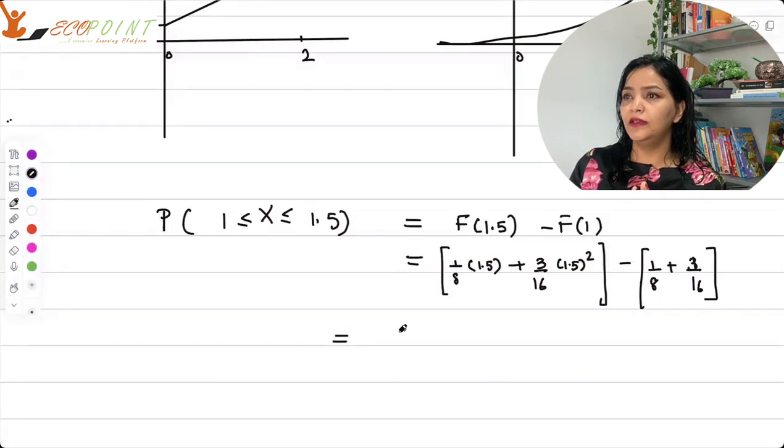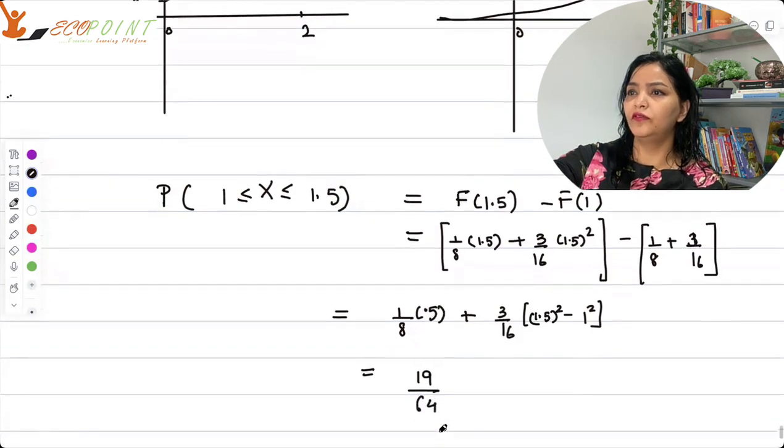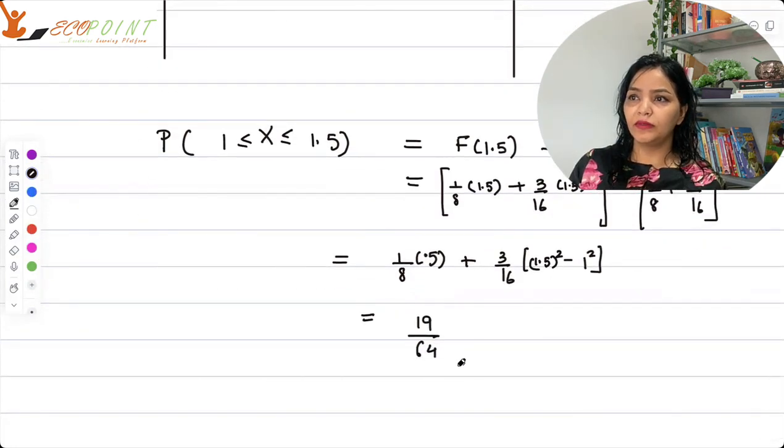So it's going to be 1 by 8 times 0.5 plus 3 by 16 times 1.5 square minus 1 square. It will turn out to be something like 19 upon 64, or if you're using the calculator, it's going to be 0.297 something.